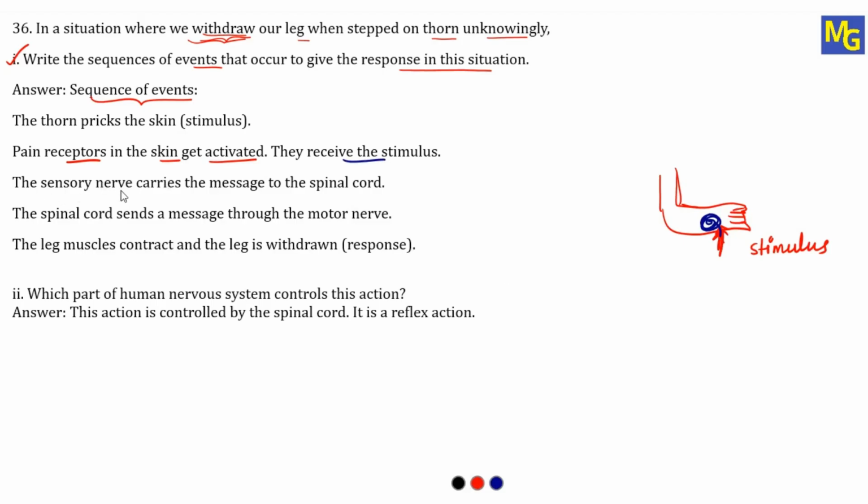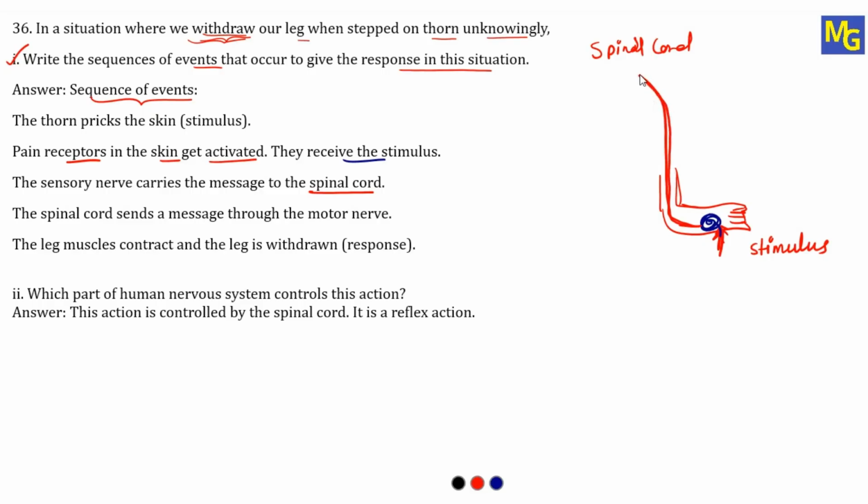The sensory nerve carries the message to the spinal cord. So the sensory nerves, or the neurons, will carry that message and go to the spinal cord. Imagine somewhere here, I'll write it, spinal cord. So what will happen here? This spinal cord will receive the message from the sensory nerves.